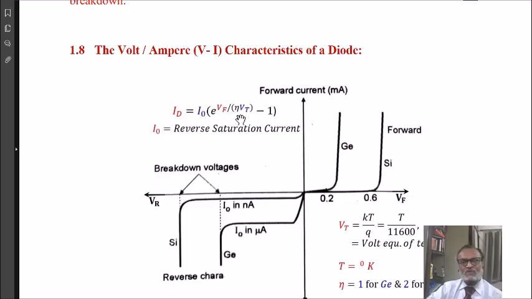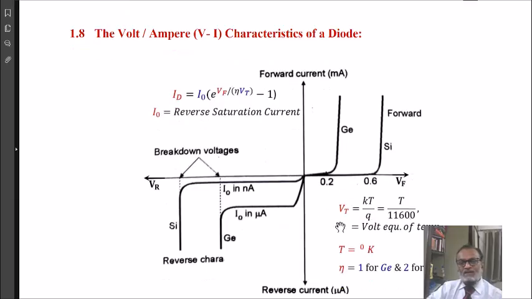Vt is equal to kT upon Q, where k is Boltzmann's constant, T is the temperature, and Q is the charge on the electron. Vt is also called the volt equivalent of temperature, and approximately Vt is T upon 11600, where T is given in Kelvin.